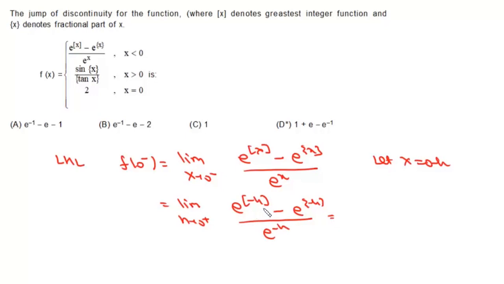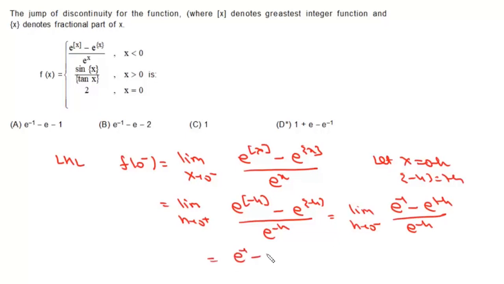Now greatest integer function of minus h is minus 1, and fractional part of minus h will be 1 minus h, so it will be e to the power minus 1 minus e to the power 1 minus h, upon e to the power of minus h. Now we put h equals 0, it will be e to the power minus 1 minus e upon 1. So our left hand limit is 1 upon e minus e.